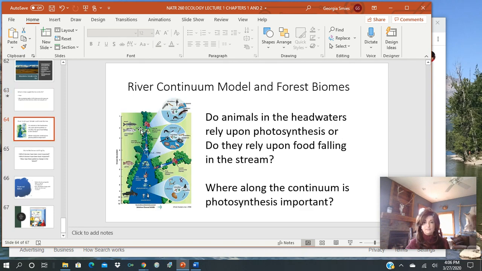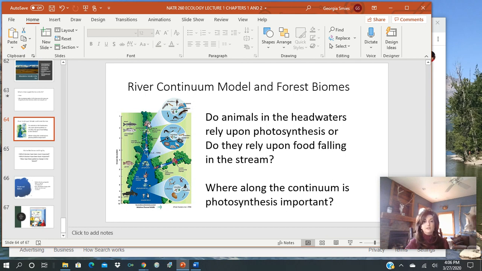The other concept that was brought up in chapter 2 of your text is this river continuum model. And so here we have a river, a small stream up in the mountains as a headwater. They get bigger and bigger and bigger as they go downstream. Notice upstream, lots of canopy, lots of shade, tend to be steep, fast flowing.